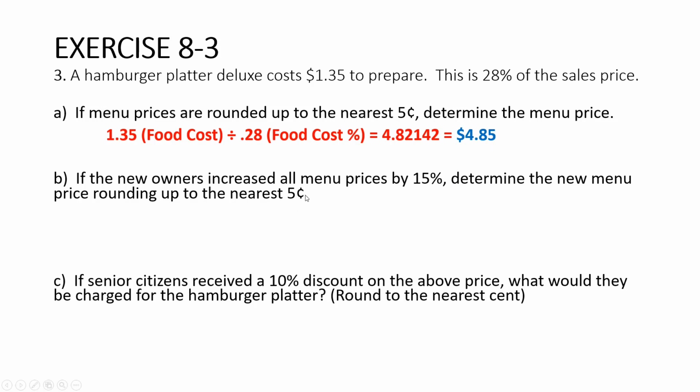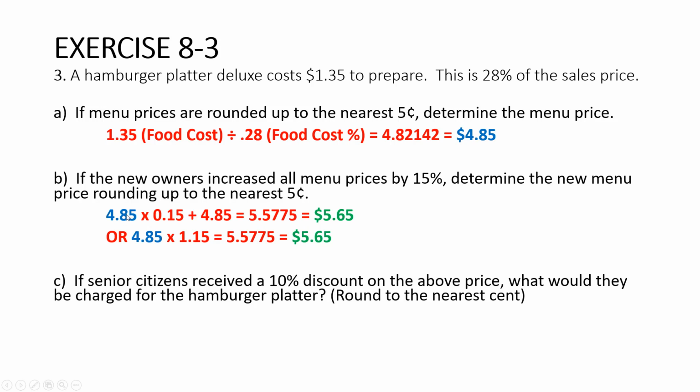Now, if we decided to raise these menu prices by 15%, what would the new selling price be? Again, we're going to round it off to the nearest multiple of 5 cents. So we have to add 15% to 4.85. We've done this before, and there are a couple of ways of doing it. We can take 4.85 and multiply it by 15%, which gives us 15% of 4.85.